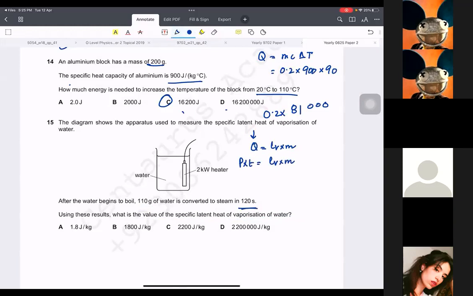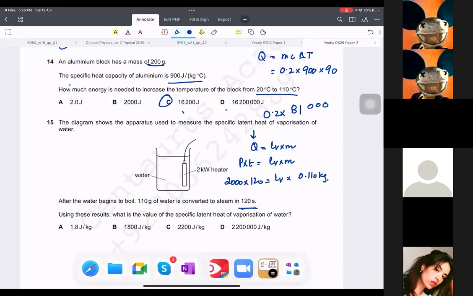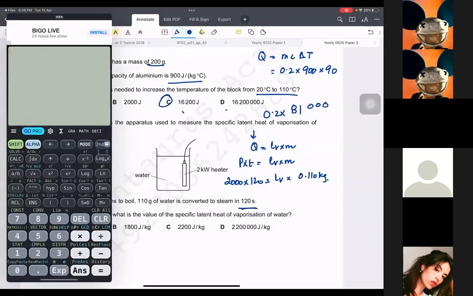Power is 2000, time is 120, and mass is 0.110 kg. So we got to find this. Okay, so it is 2.2 times 10 raised to power 6. What is that? 1, 2, 3, 4, 5, 6. Has to be D then.